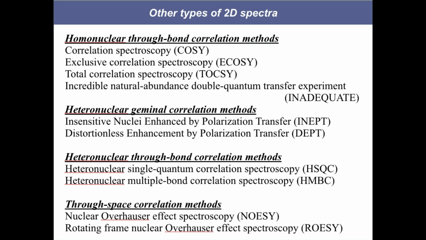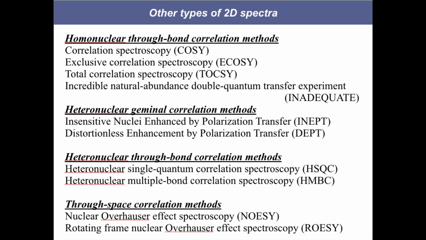Then there's heteronuclear through bond correlation method. So instead of homonuclear, it's heteronuclear through bond. So there's heteronuclear single quantum correlation spectroscopy, or HSQC, heteronuclear multiple bond correlation spectroscopy, HMBC. Those aren't too fun. Then you've got through space correlation methods. So there's also ways to exploit the interaction of nuclei through space rather than through bonding.